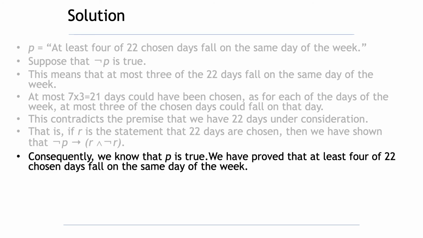Consequently, we know that P is true. We just proved that at least 4 of 22 chosen days fall on the same day of the week. Again, as you can see, the last step of the proof is to recap the theorem. Never forget to do that.